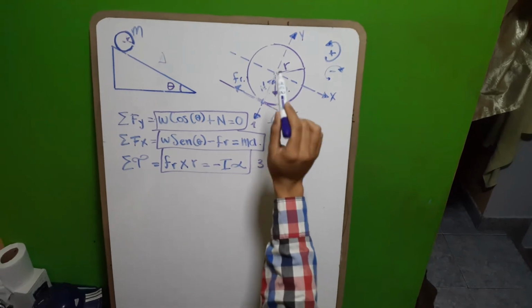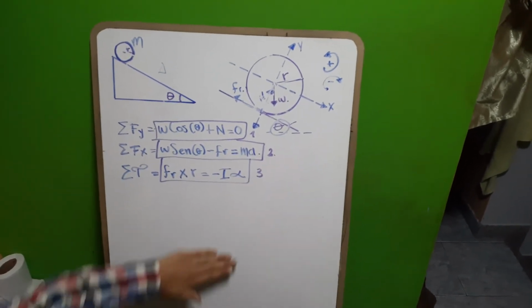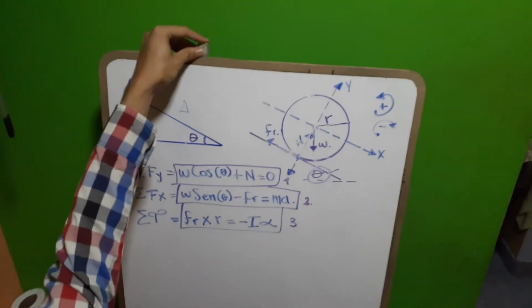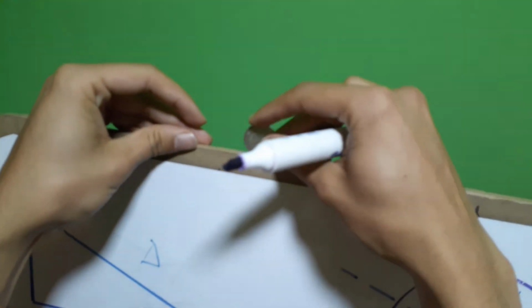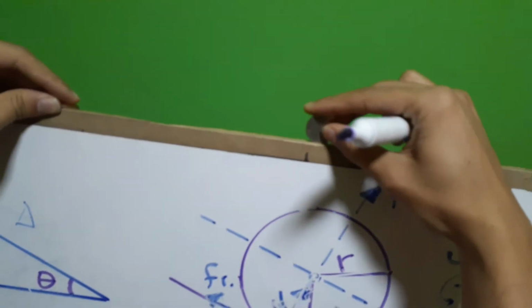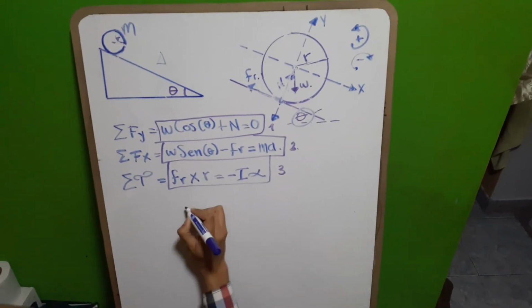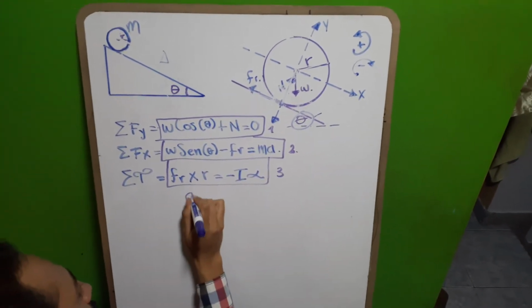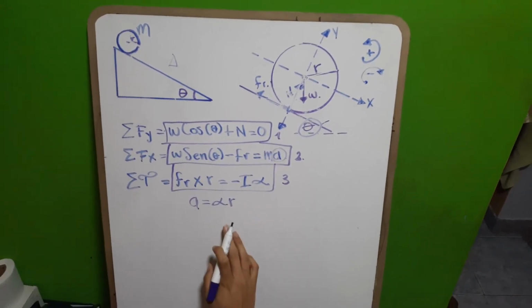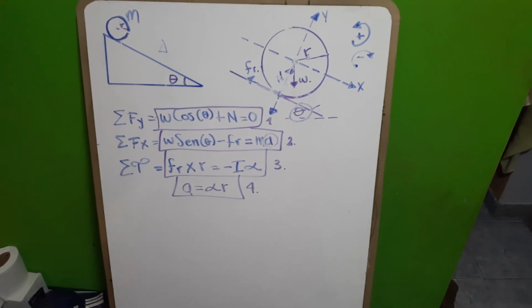Since the cylinder rolls without sliding, the fourth equation is that a equals alpha multiplied by r.